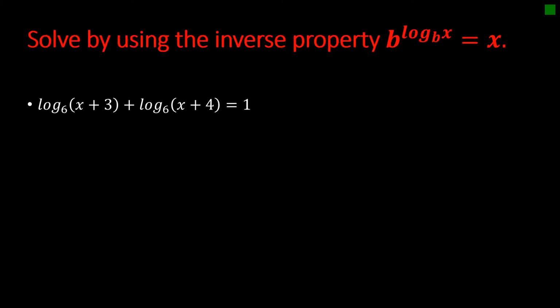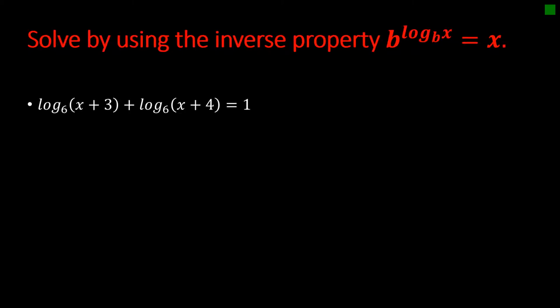Now this one's a little different. I had in the other problems just one log expression. Here I have two. But we can go back to properties that we had to condense logarithmic expressions, and we can condense this.